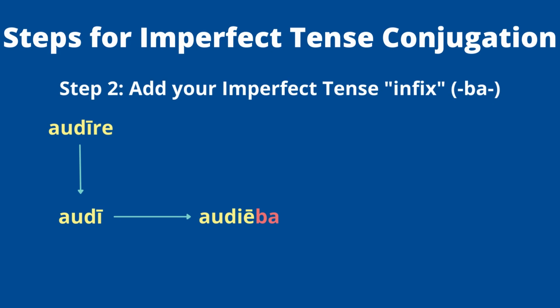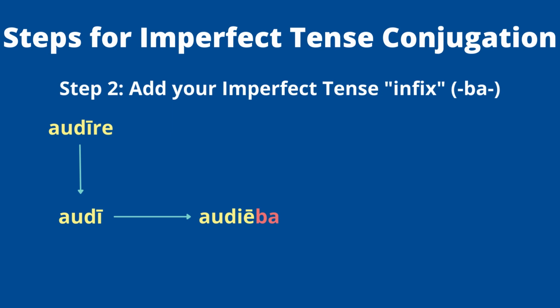Step two, though, is we have to add what's called an infix. You've probably heard of the words prefix, suffix. A prefix is something that goes before, like the title before your name. A suffix would come after. An infix is literally something you place in the middle of a word. So when I have audire, I drop the re, and now I have audi, that's my stem.